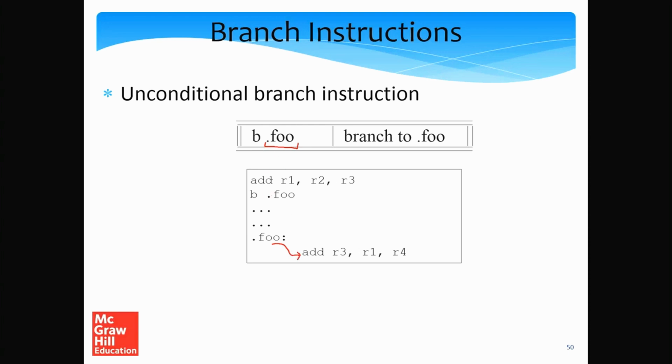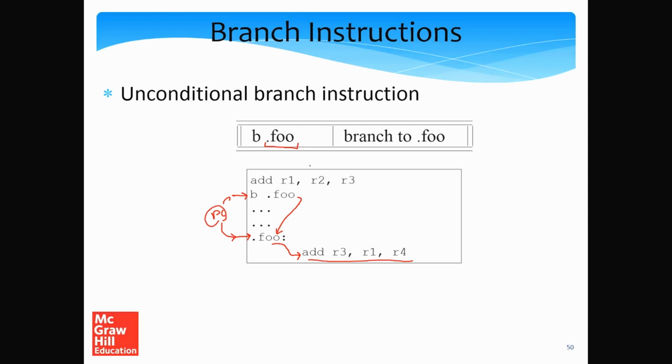What we can later do is have a statement b foo, where the branch statement would transfer the control of the program from this particular line over here to this line here. So the program counter would initially be pointing to this line, and subsequently it will start pointing to this line, and this statement will get executed.